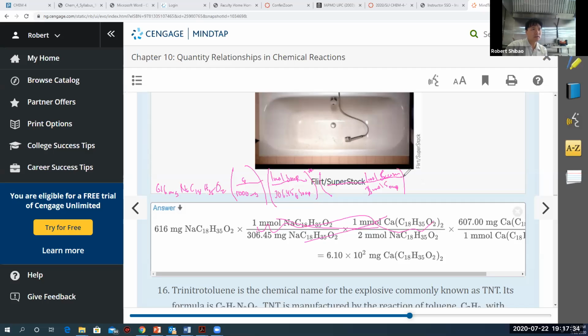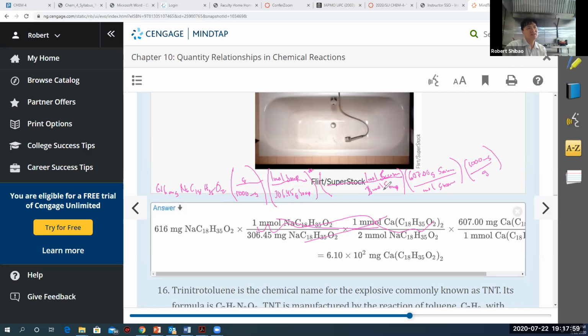And the molar mass of the scum: there are lots of different scums depending on what soap you use, but this particular one weighs 607.00 grams of scum per mole of scum. And then we'll just convert it to milligrams, 1,000 milligrams per gram.